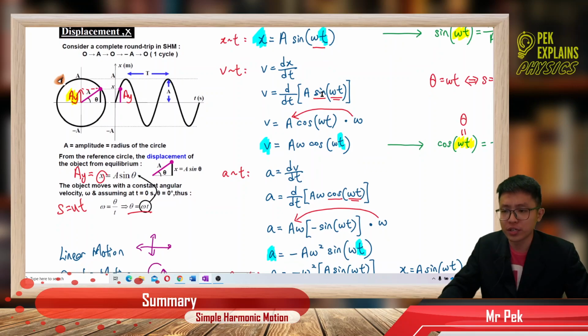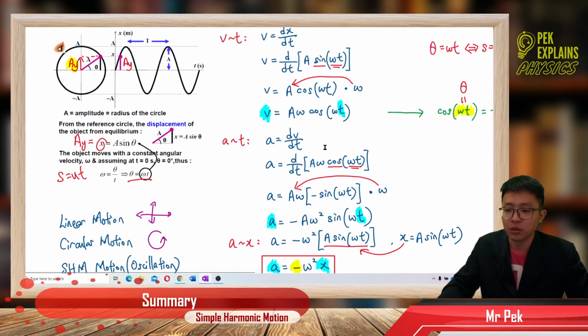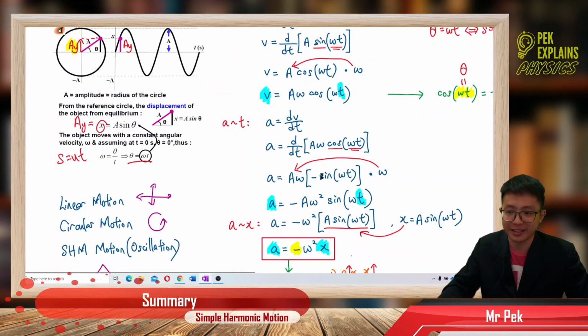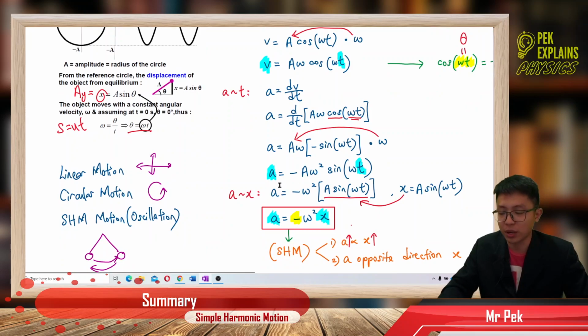Remember, when we differentiate sine, we get cos. We differentiate cos, you get negative sine. Don't forget the negative sign. Very important. Then omega t just copy, and then we differentiate inside, we get omega. This omega multiplies to the front, so here becomes omega square.